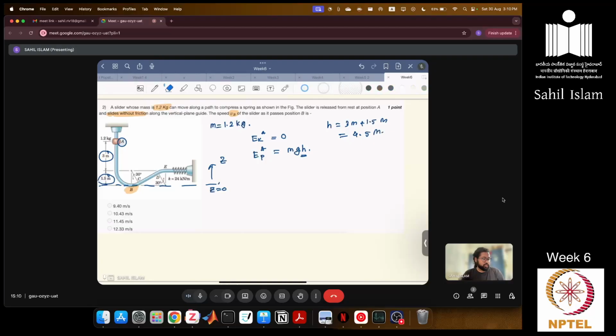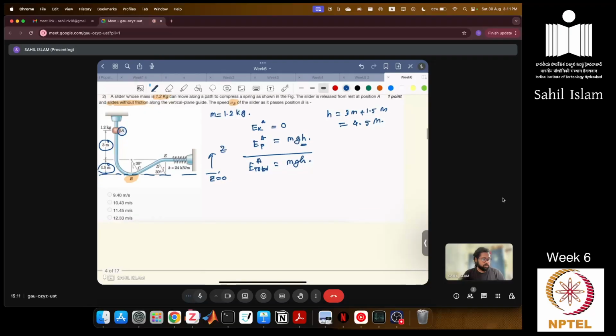So the total energy at A is mgh. Now let's say it has fallen like this under the influence of gravity and reached this point B.